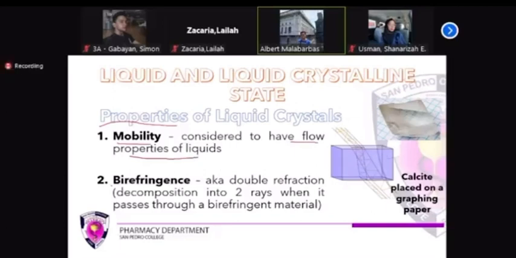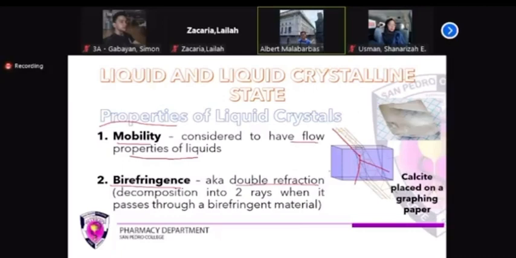The second property of liquid crystals is that they demonstrate birefringence. Birefringence, also known as the double refraction of light. This means that when light is shined towards a birefringent material, the ray of light is separated or decomposed into two rays. Double refraction.